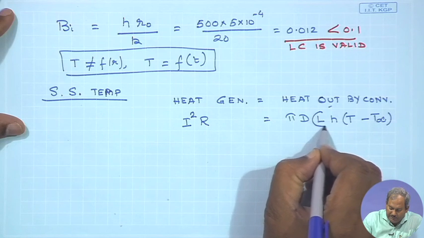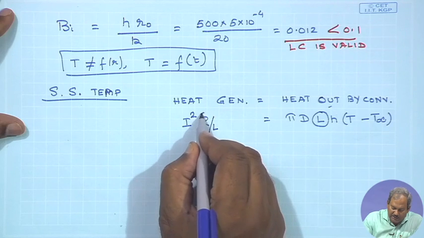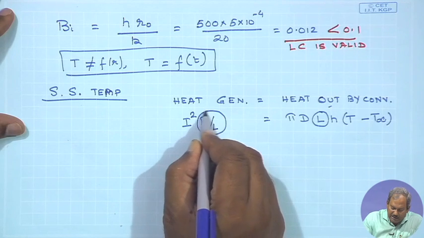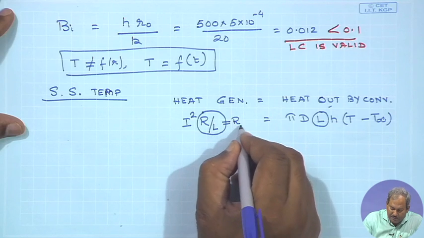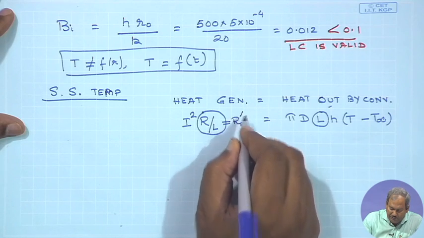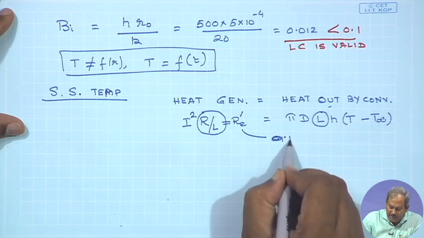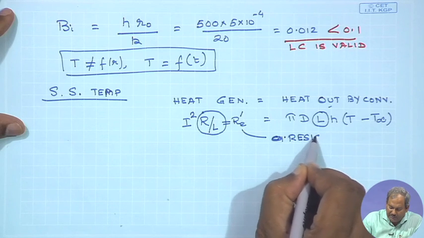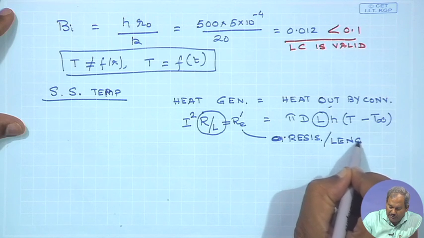So, I bring this L to this side and make it R by L. When I make it R by L, this is nothing but the resistance per unit length of the wire, and this is how I denote it. So, resistance per unit length of the wire.